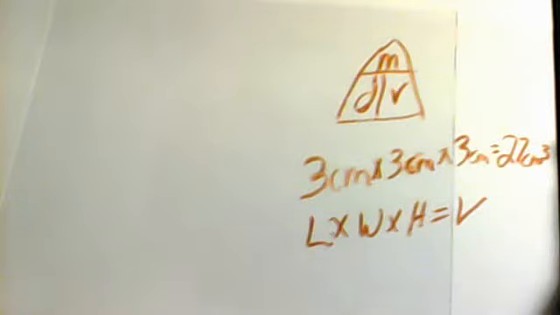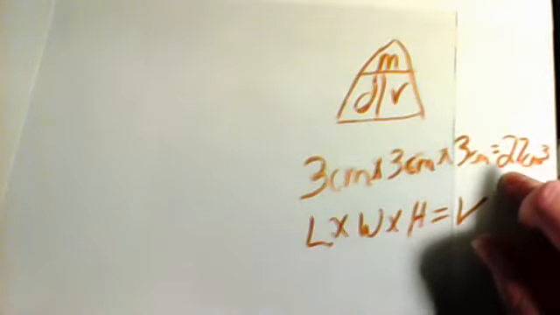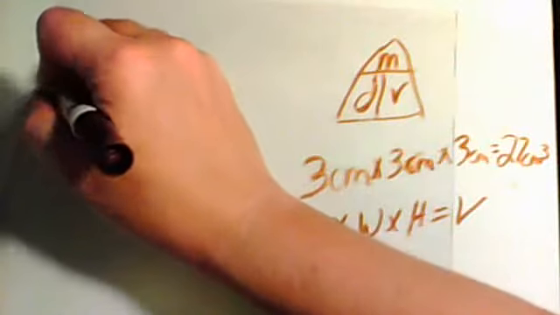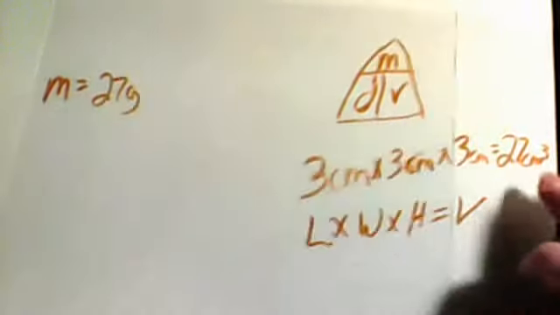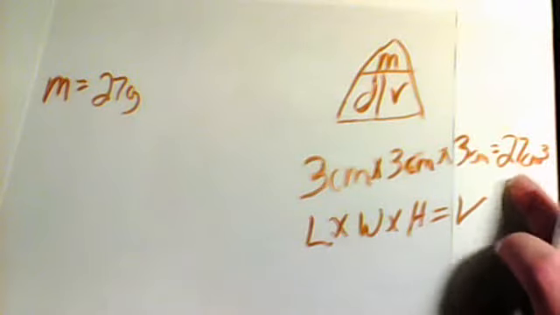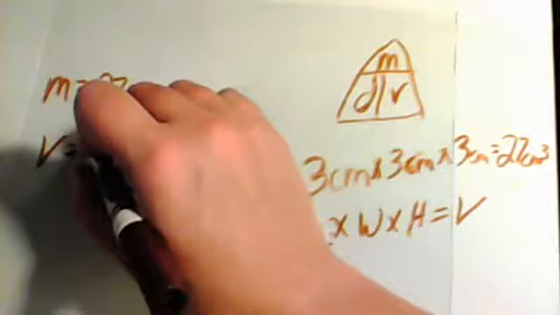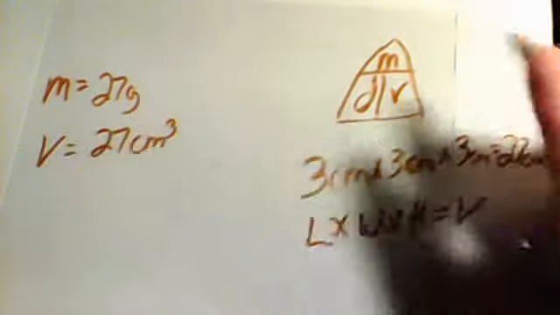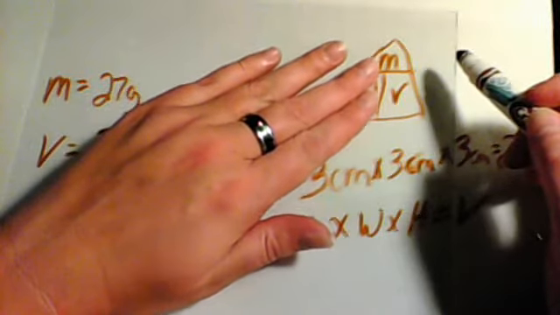So the block of wood that has a volume we now know is 27 centimeters cubed has a mass of 27 grams. Okay, so my mass equals 27 grams. My volume that I figured out over here is also 27, but this is cubic centimeters. And then I'm going to look at my density triangle again.